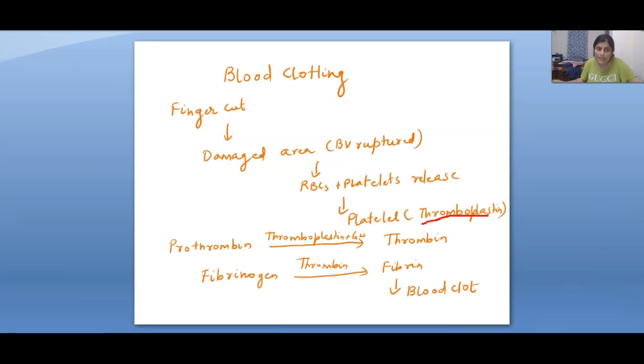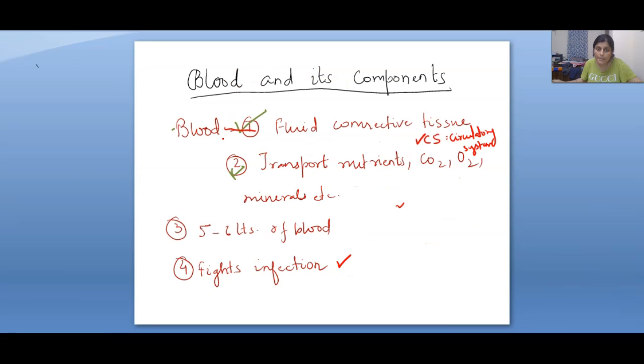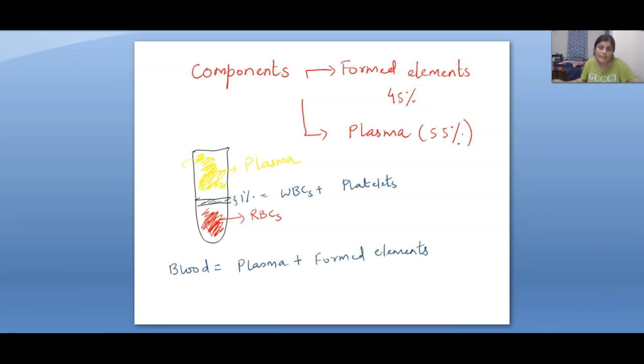A brief summary: you've learnt about blood, its technical definition, a fluid connective tissue. The main function is the transport of nutrients, and an average human being contains 5 to 6 liters of blood, which fights infection. The components include the formed elements and the plasma.